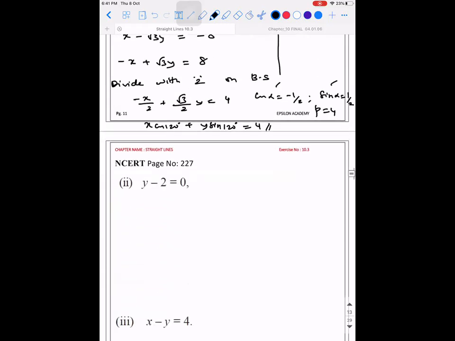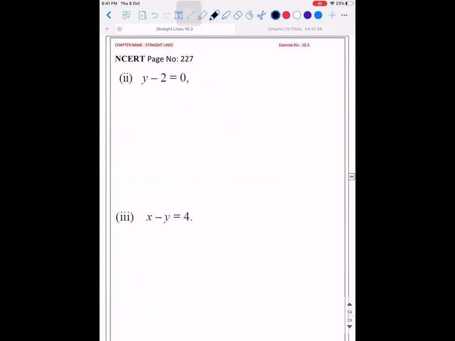Clear? So moving on to the next problem. So how to solve this? y is equal to 2. Right? Divide with 1 on both sides because root of a square plus b square, that is root of 0 square plus 1.